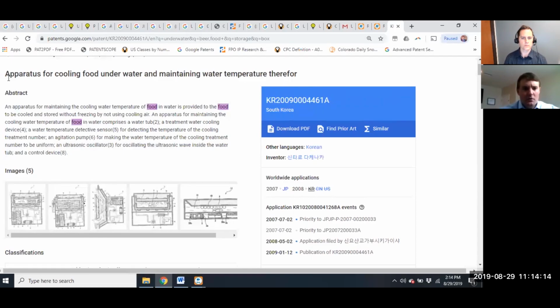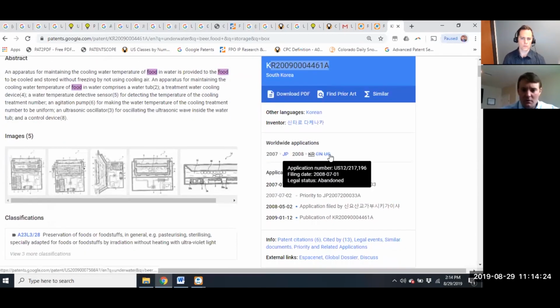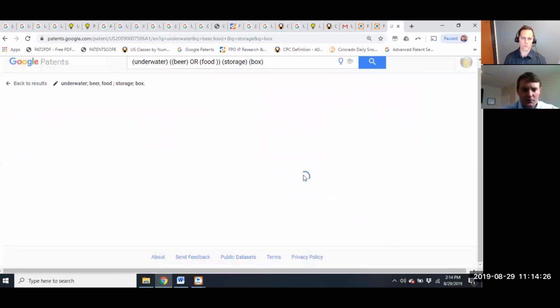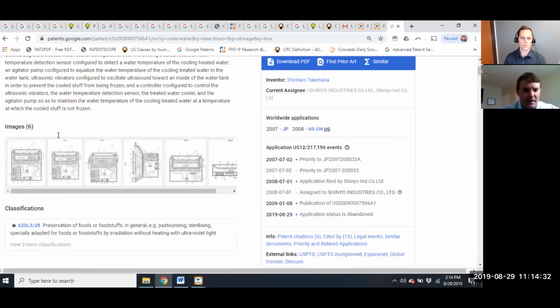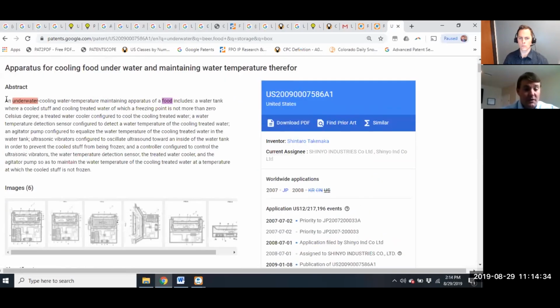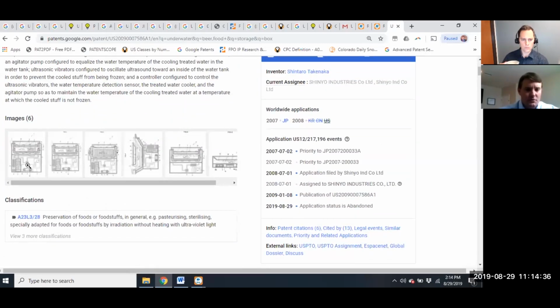You'll note, in terms of how the Google algorithm pulled this one up, we got a Korean patent. These are machine translated when possible. I like to use an American filed version, a US filed version, because there are usually not translation issues, and you have clearer pictures.